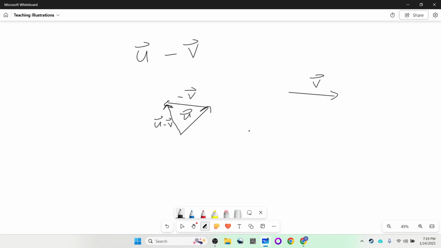Now, another way to do this, though, would be by a tip-to-tip method, which is to say, if I draw U first, and then, I can never remember how exactly this one works. U, V, it's already here, I don't know.